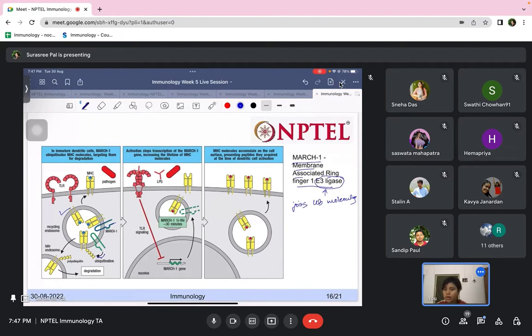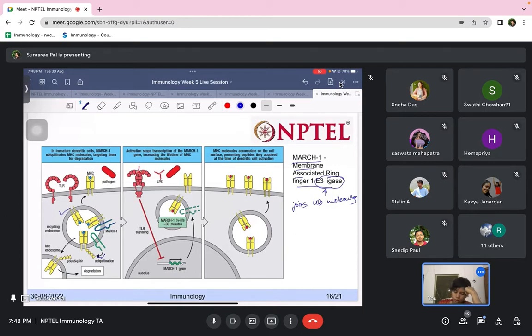Once the MHC molecules are taken in from the cell surface for recycling, they will be targeted by March1 E3 ligase, which ubiquitinates the MHC class 2, and because of this ubiquitination, the MHC molecule will be degraded by the proteasomal system.